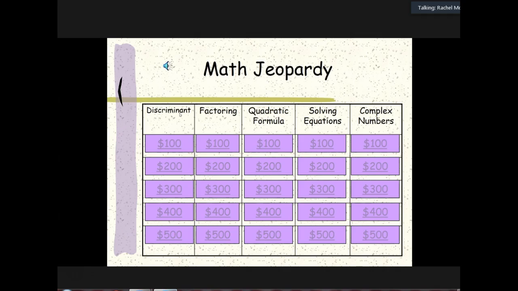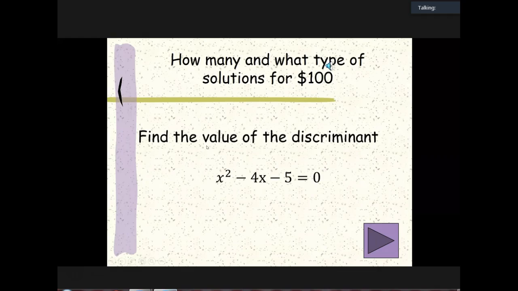Okay, so front row, let's start with the discriminant for 100. That is correct.